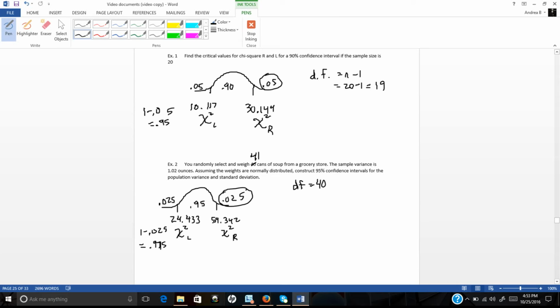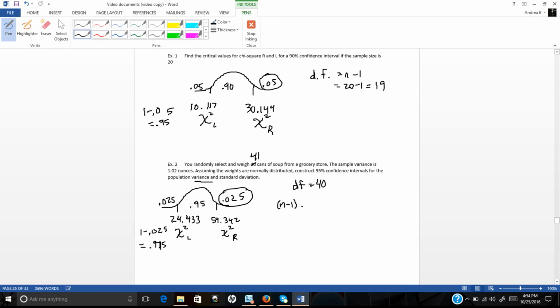And then we have to plug them into the formula that we have related to this stuff. So whenever we're dealing with the sample or the population variance one, first of all, write out our general formula here.